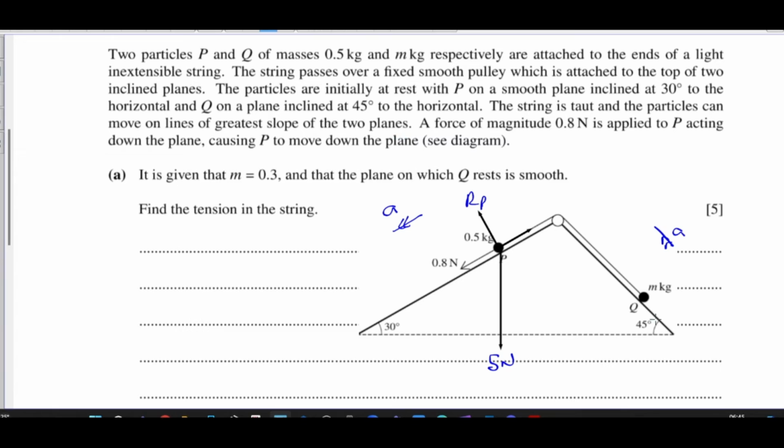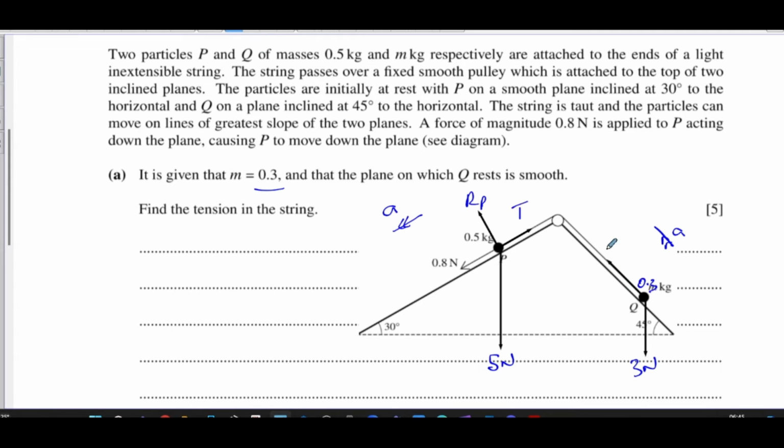And on Q, you have its weight, which is going to be mg newtons. In fact, in this case, they've told us m is equal to 0.3, so I'll just put this as 3 newtons. This is 0.3 kilograms. We have the tension in the string, of course, pulling upwards.